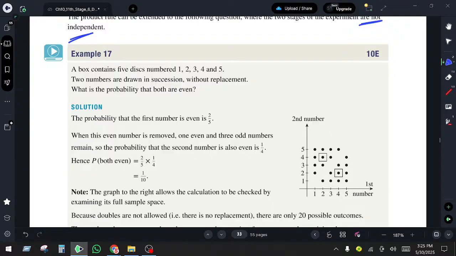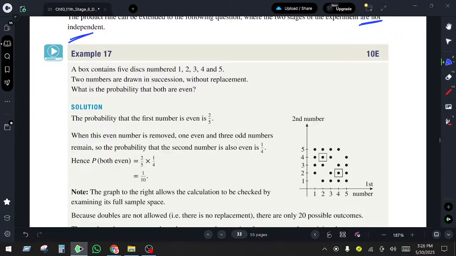So it is my first disk, second disk, third disk, fourth disk, fifth disk: 1, 2, 3, 4, 5. I'm just breaking the sheet. This is a number disk. This is another number disk. This is one more disk.